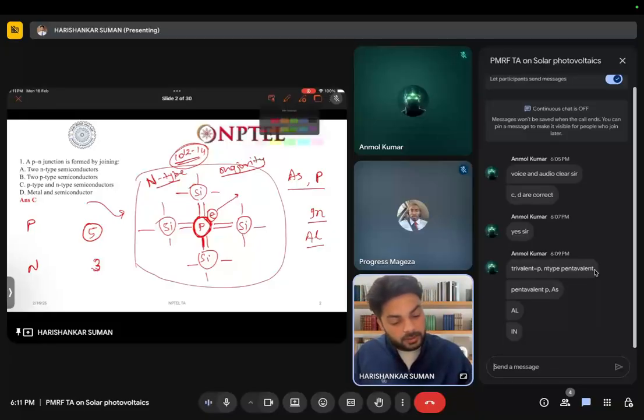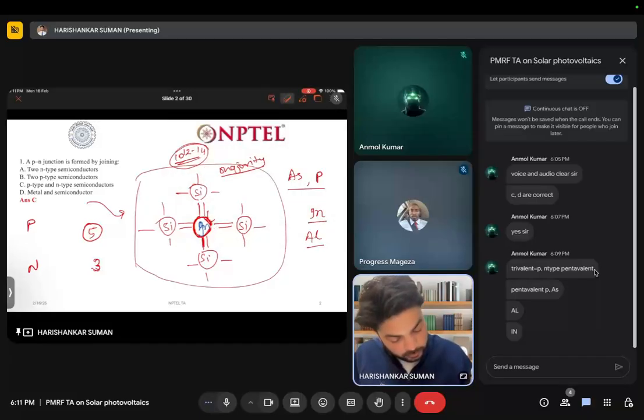Similarly, let me replace with, let's say, indium. It has 3 valence electrons, so only 3 bonds form, and one bond needs one more electron.